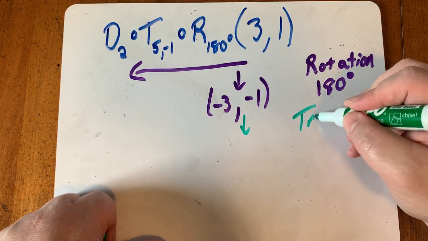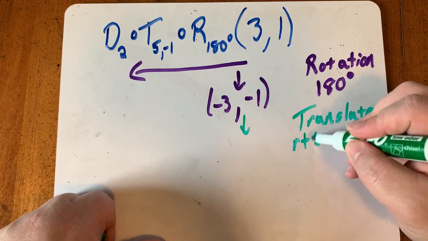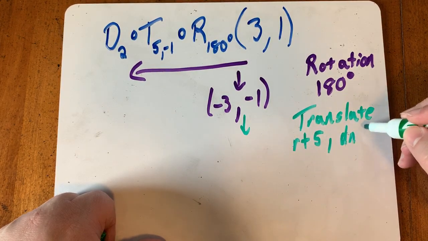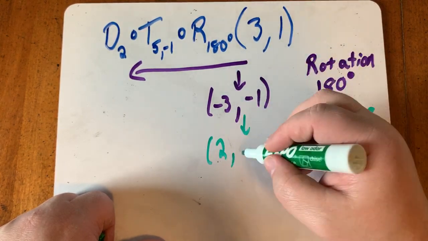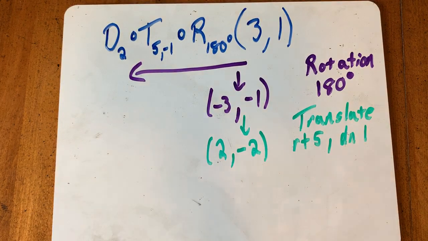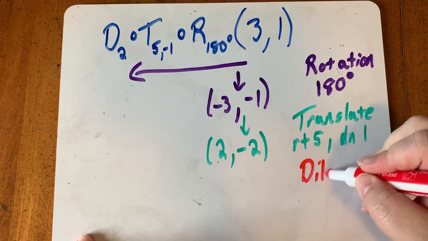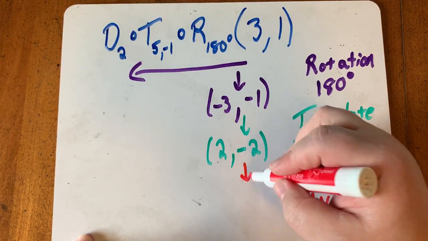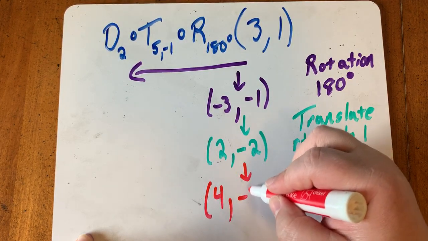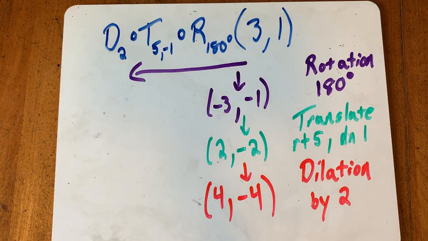You do the translation, right 5 and down 1. So right 5 from negative 3 is 2. Down 1 from negative 1 is negative 2. And then lastly, our dilation by a factor of 2, which would be 4, negative 4. All right, so this would be the result of that composition.